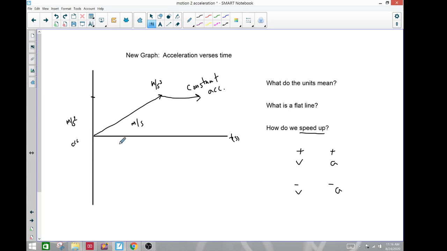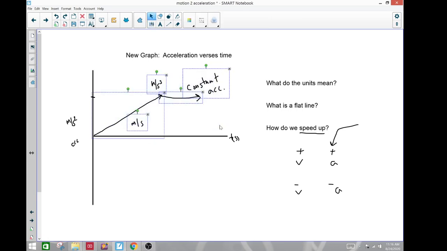So for this graph, we can easily tell this aspect of the information. Let's say, for example, gravity. Gravity is a constant acceleration, never going to change. So what would gravity's acceleration be?